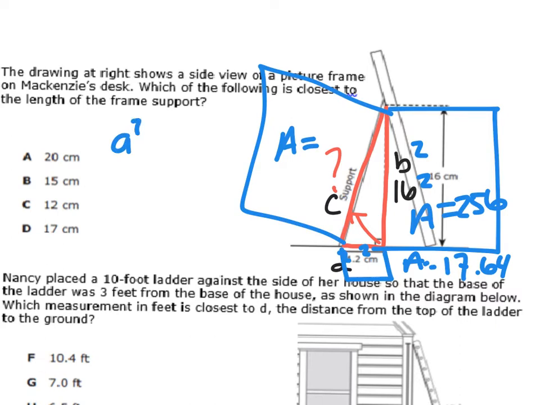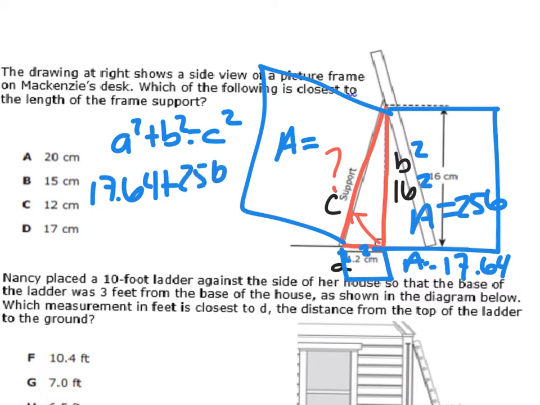And then I'm trying to figure out what this area is right here. So A squared plus B squared equals C squared. For A squared, I had 17.64, plus, for B squared, I had 256. And then we're going to go ahead and add those together, and I get 273.64.